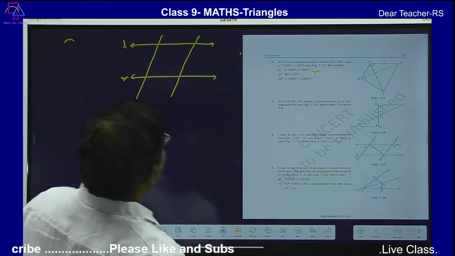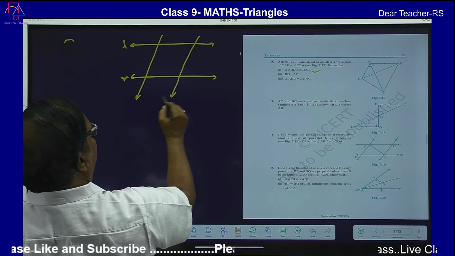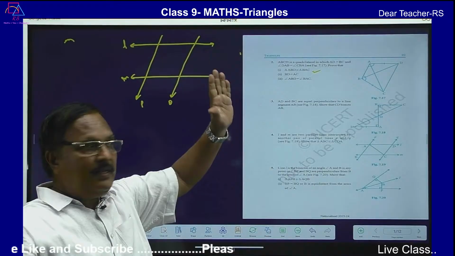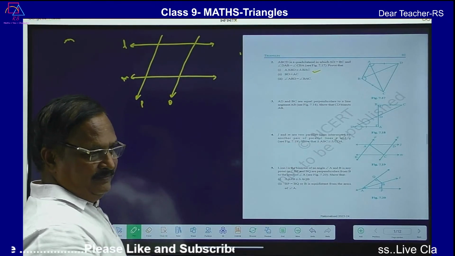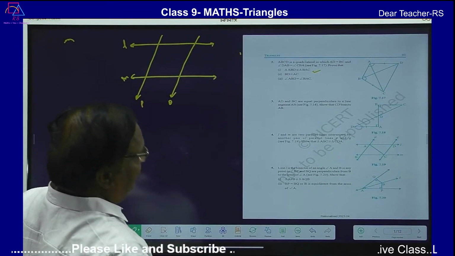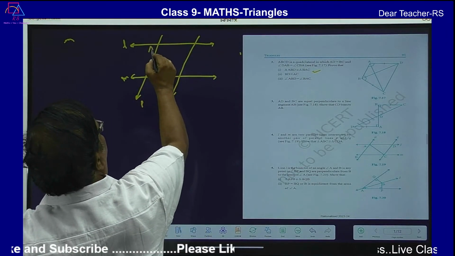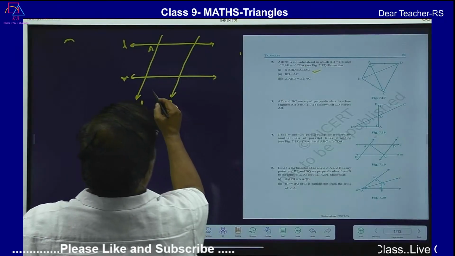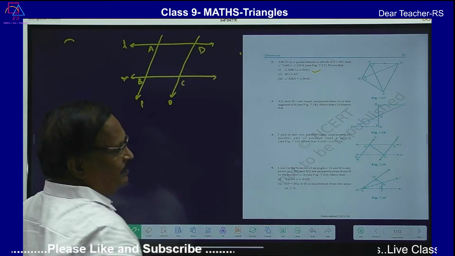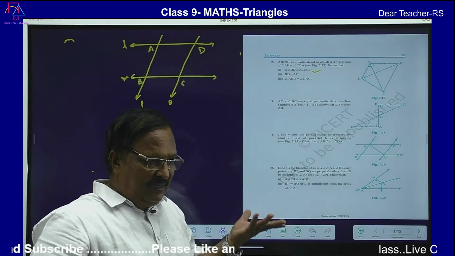Another parallel line is PQ. That means L and M are parallel and P and Q are parallel. They are intersected. So then this is A, B, C and D. A, B, C, D is a parallelogram.